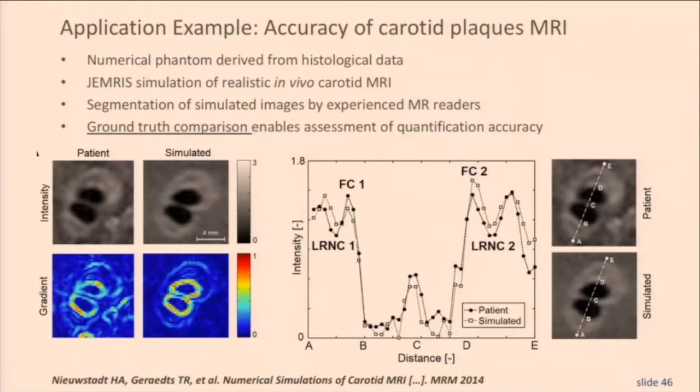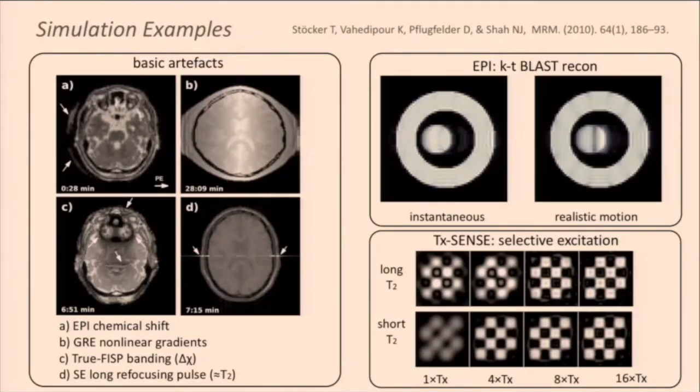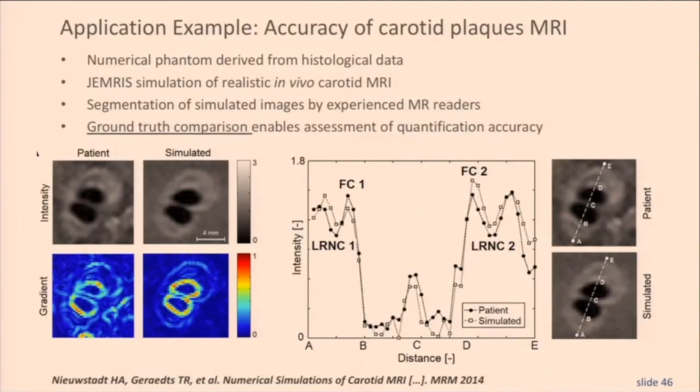On the top right is an example of realistic motion, which can be simulated, and on the bottom right, some simulation of selective excitation. These are typical examples interesting for a physicist.